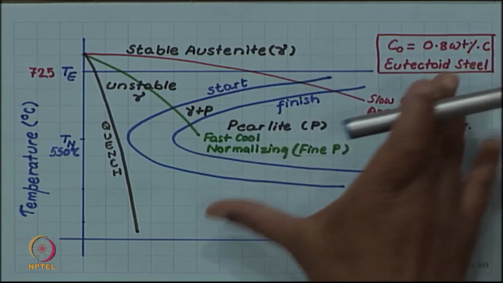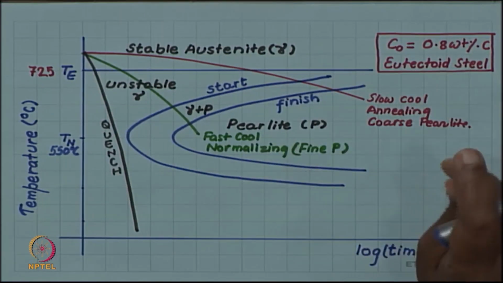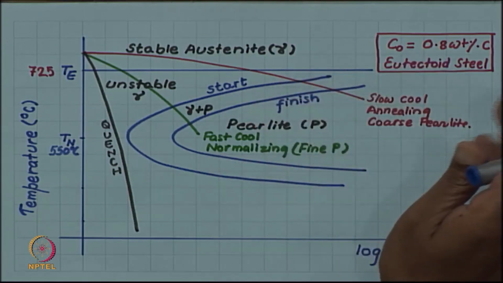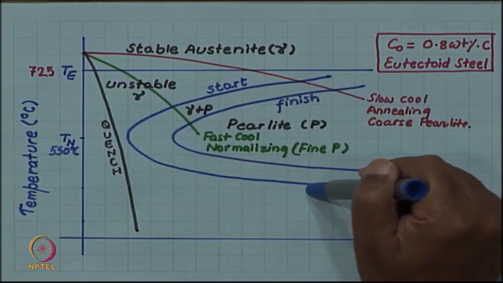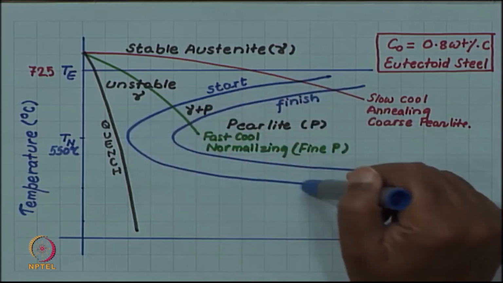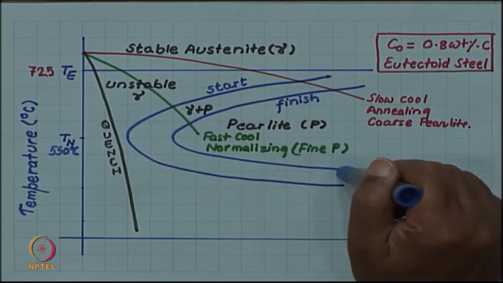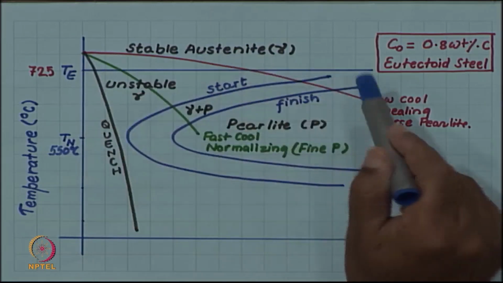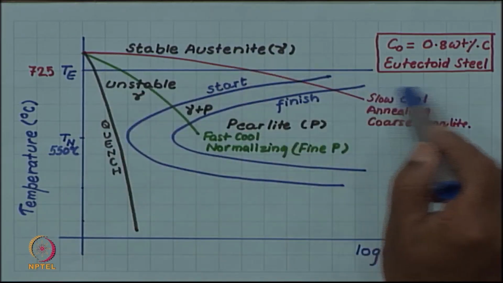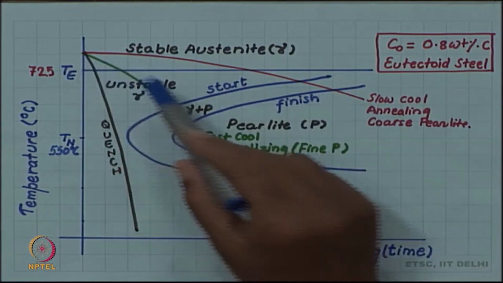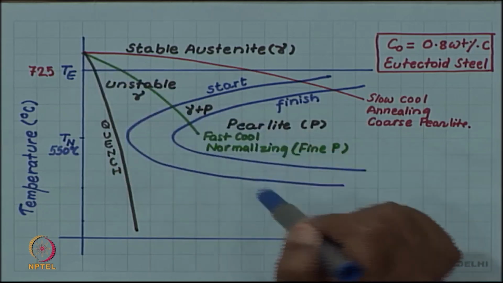Recall, we had a similar situation in liquid to solid transformation, where we had C curves for start of crystallization and finish of crystallization. There also if we cooled slowly, we got coarse grains, and we cooled faster, we got fine grains.